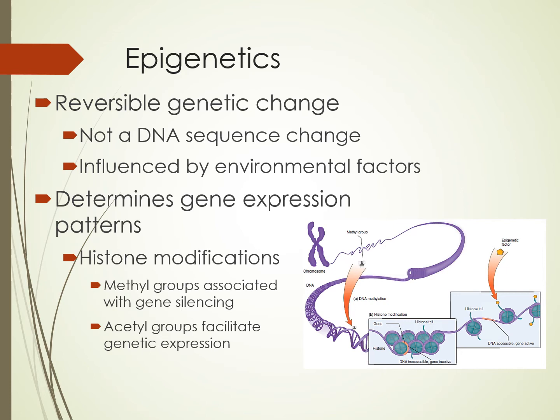That also was flipped from control children. The low methylated group in control children, which was more likely to be expressed, was more likely to be silenced in children who were maltreated.